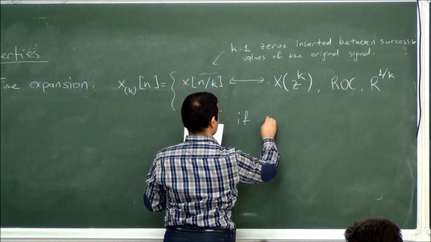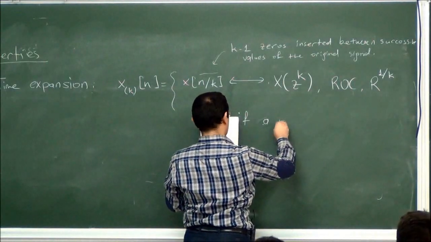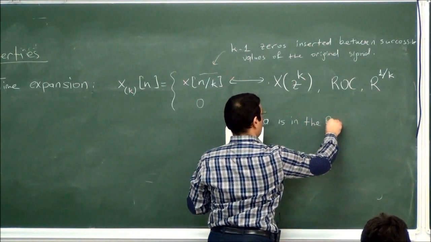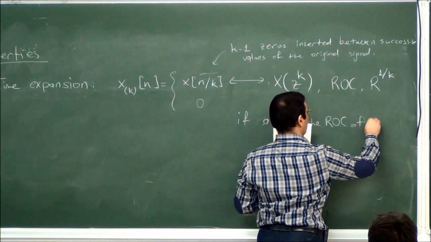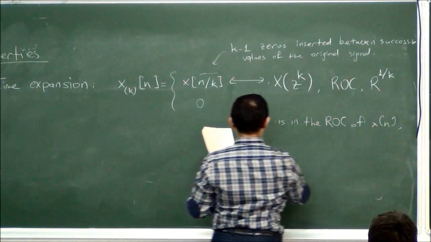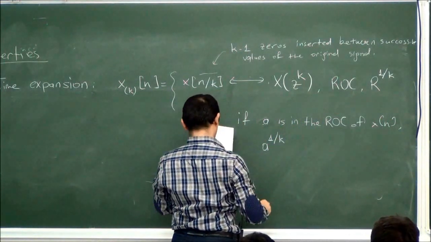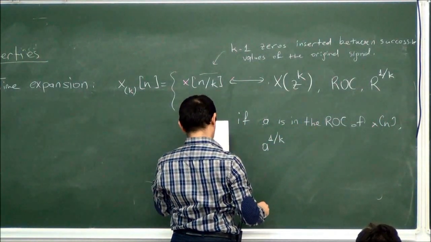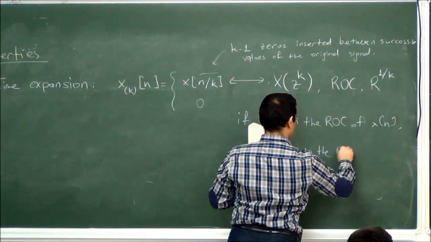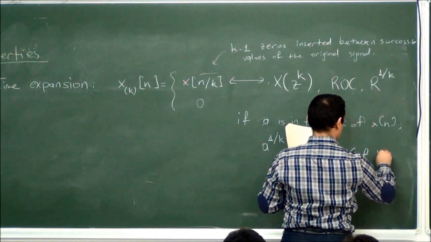Let's say A is a point in the Z plane, and this point is in the region of convergence of your original sequence, let's say x[n]. Then A to the 1 over k is in the ROC of x_k[n].